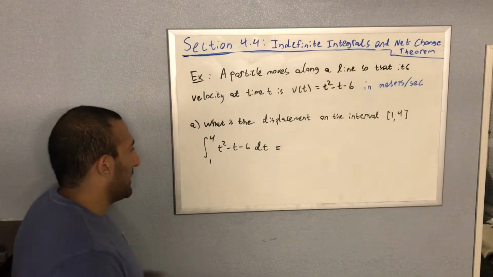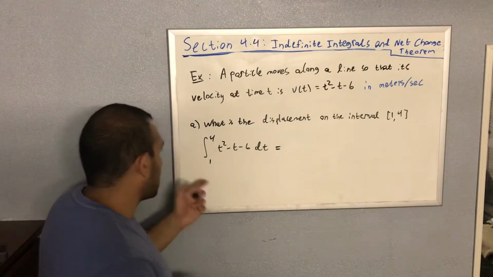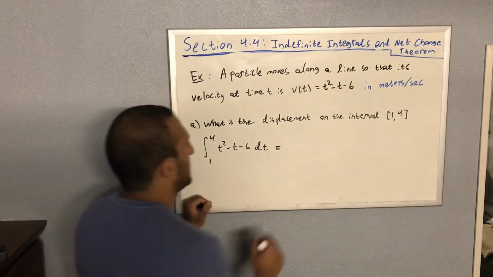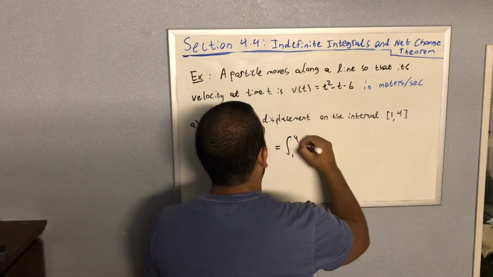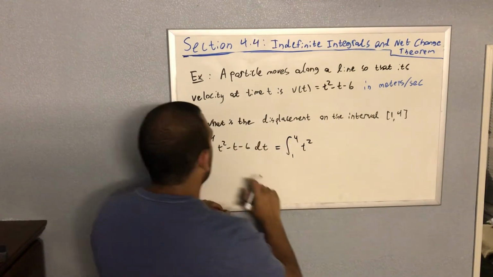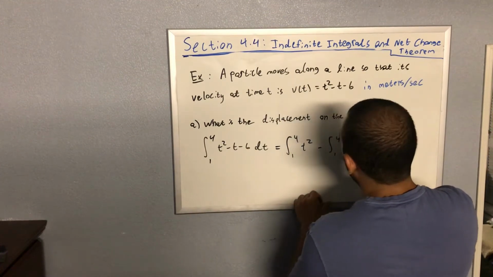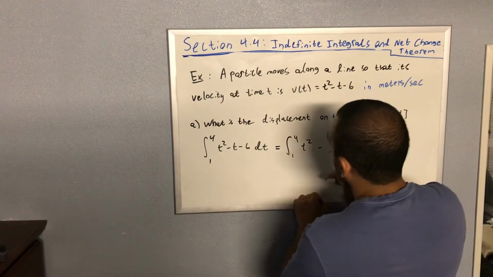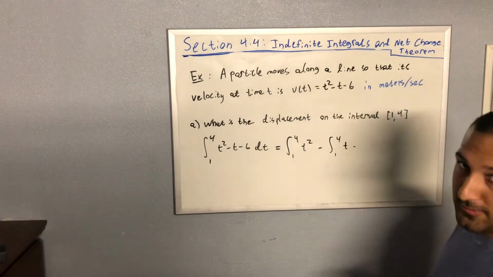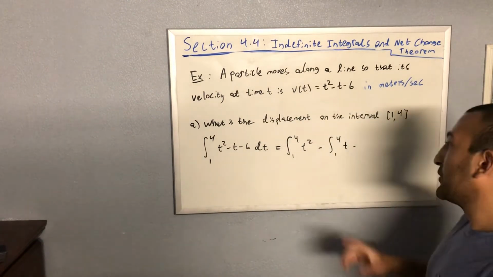And then again, because of the properties of the integral, we can break this up into 3 pieces. So we have the integral from 1 to 4 of t squared, and then minus the integral from 1 to 4 of t. Oh, if you guys were live in class, you should yell at me for this.